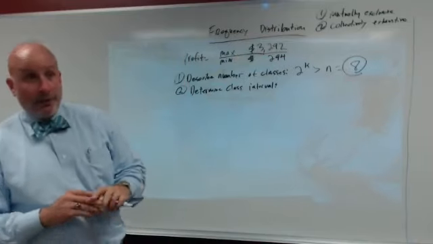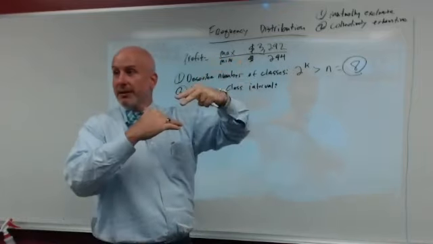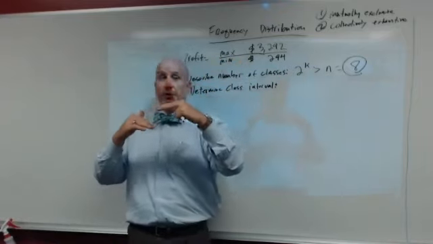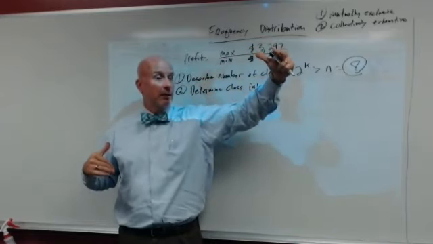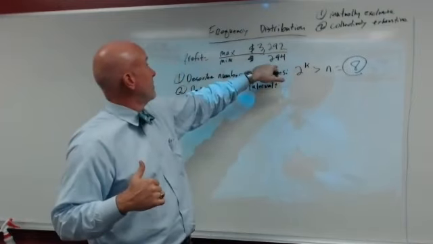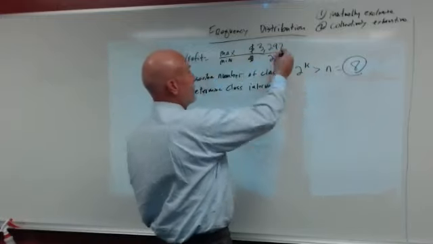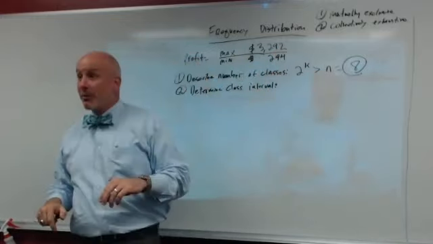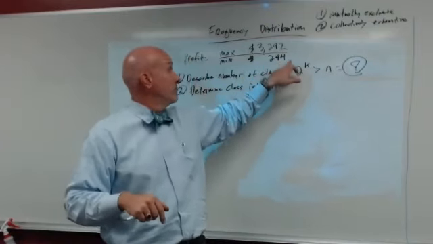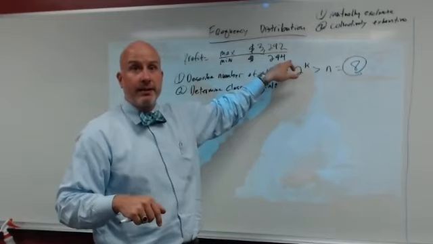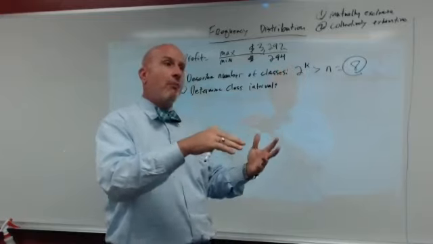Things to keep in mind: when you pull the classes together, you should ensure that they encompass your full range of data. So in this example, we know that our range is 294 to 3,292. I want to be sure that I'm able to include that full range.